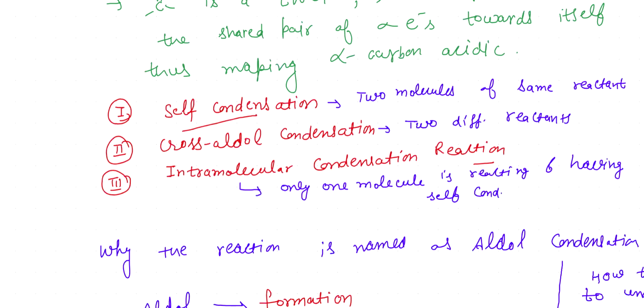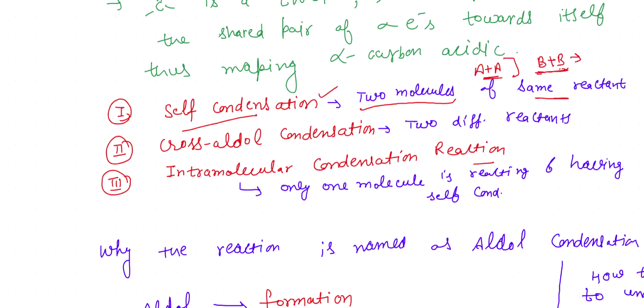In this, two molecules of aldehyde or ketone condense in the presence of dilute alkali. Clear? Those two molecules will be of the same reactant, meaning A plus A. If you choose a ketone, then you can take B plus B. Then both reactants are the same. So that is known as self-condensation.